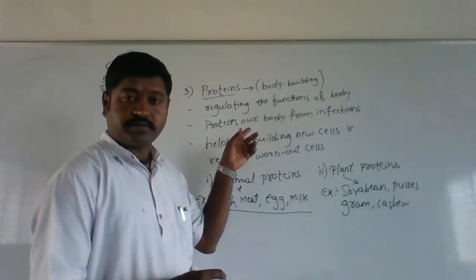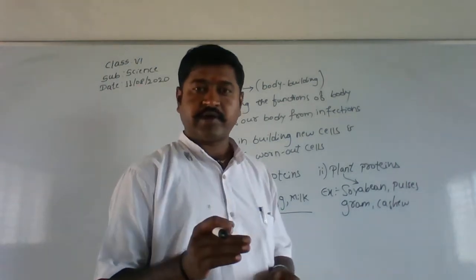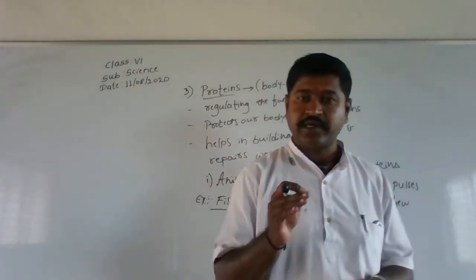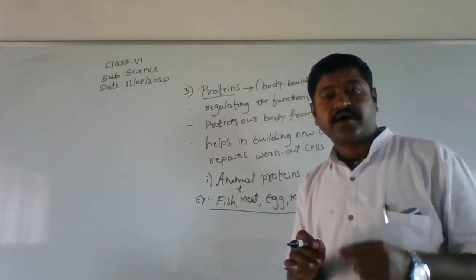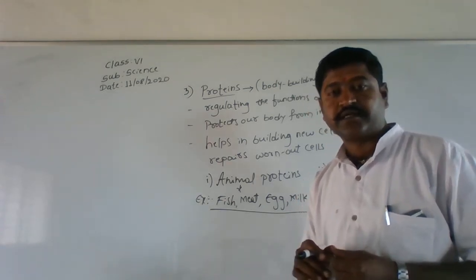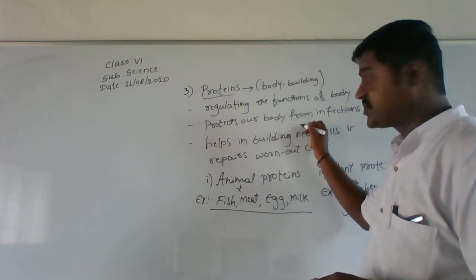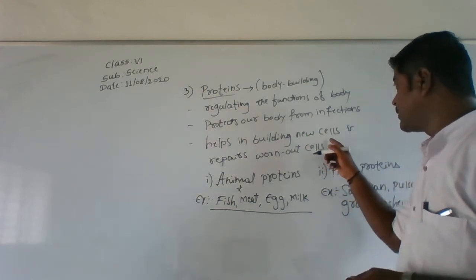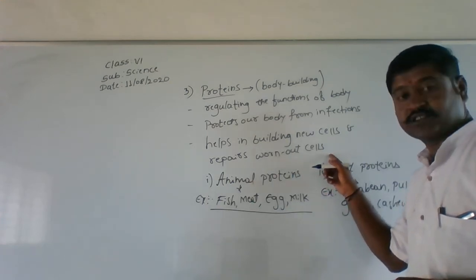I think about proteins it is clear. The foods which have proteins in them are said to be bodybuilding foods. Then what are these proteins doing? They regulate the functions of the body, right? And then they protect our body from infections. Then they help in building new cells and repair worn out cells.